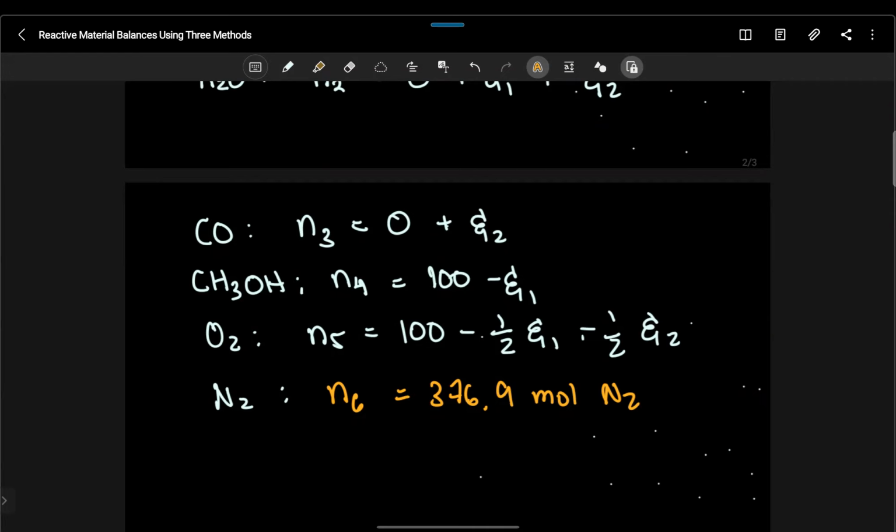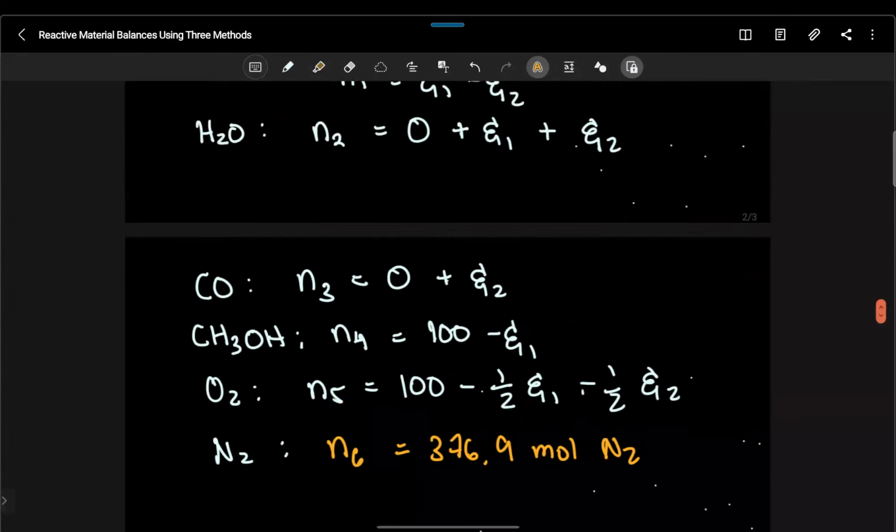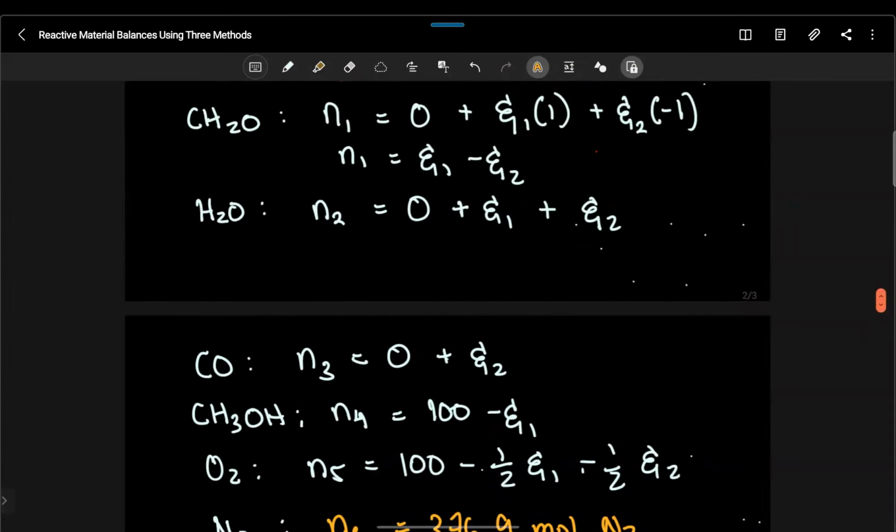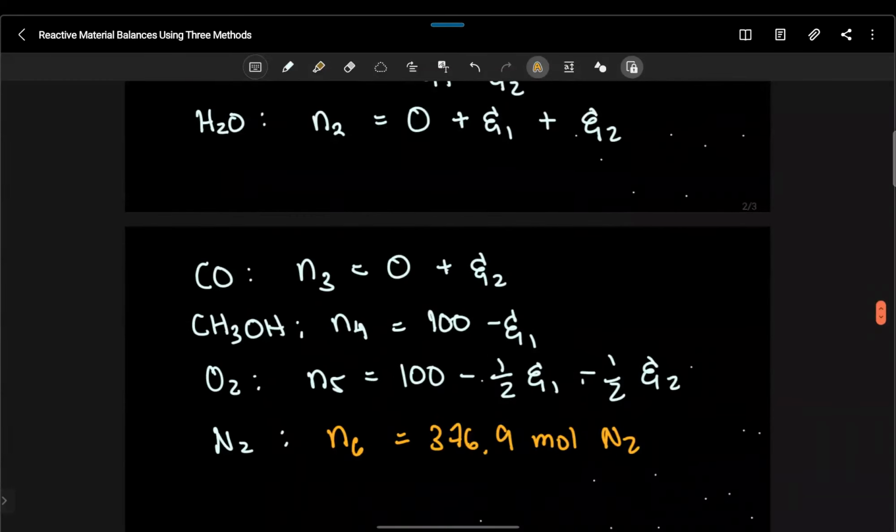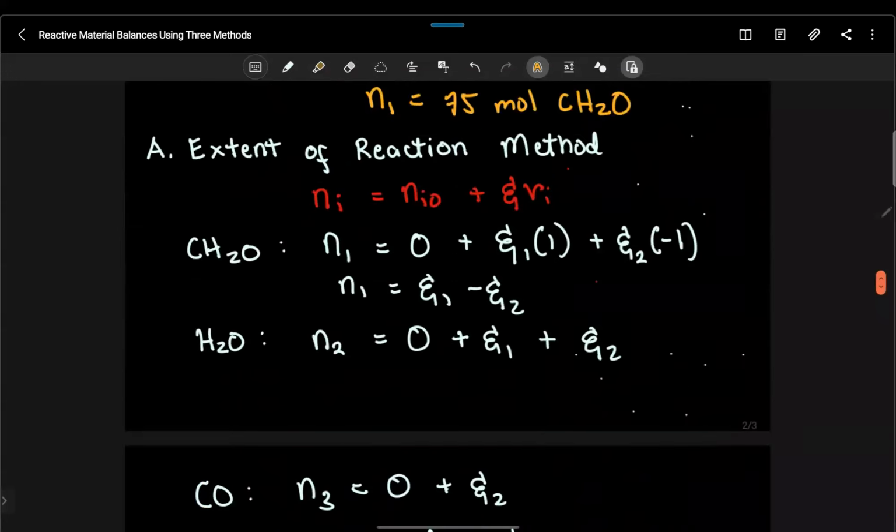Saan natin hugutin yung tatlong unknown? How do we solve it? Well, ang maganda dito, doon sa mga extent equations natin, umpisa natin sa methanol. Nasaan si methanol? This one. Okay. Eh, di ba kanina na-solve na natin tong N4? Tama ba?